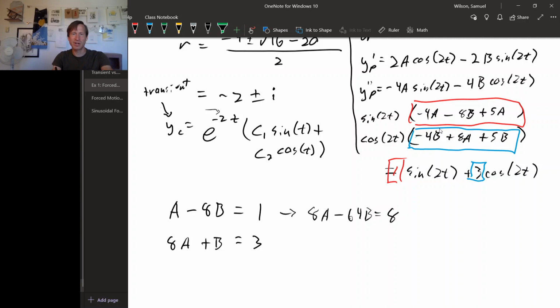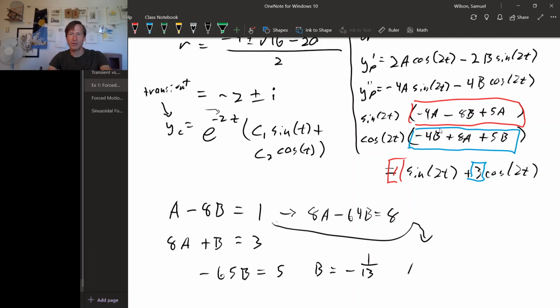The a's cancel. We're going to get minus 65b equals 8 minus 3, 5. And so we get b is negative 1 over 13. Okay, and now let's use the first equation to find a. So a plus 8 over 13 equals 1.